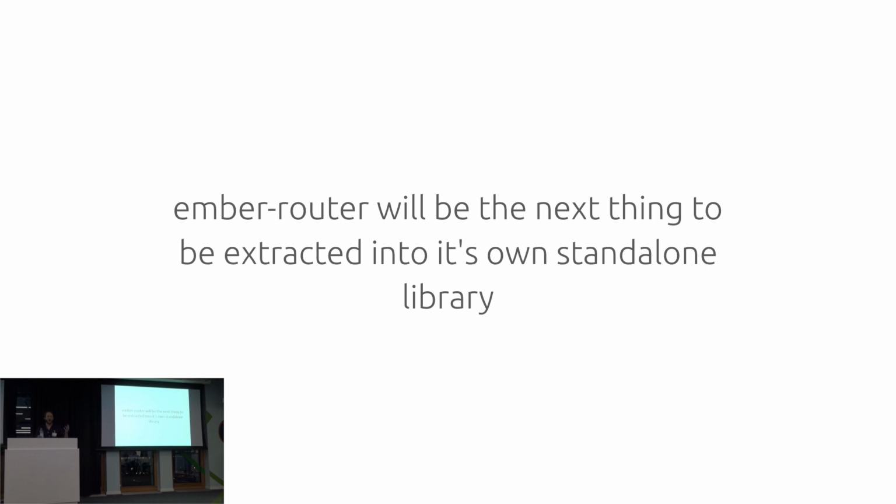So the good thing is that we now have the possibility to extract something, validate its functionality in Glimmer.js projects, and only then, once it's validated and proven to be stable, replace the implementation in Ember in a backwards compatible way using that new package, right?